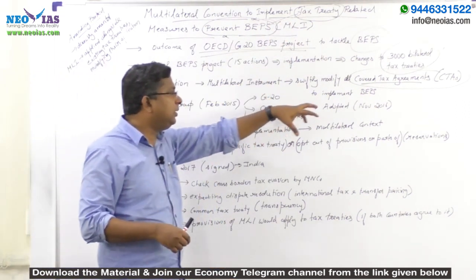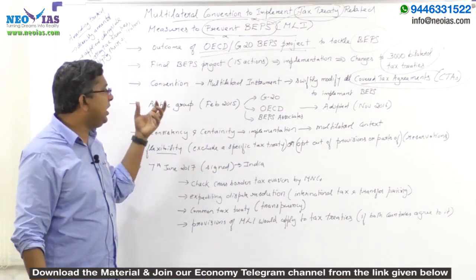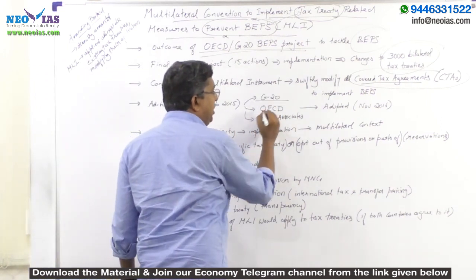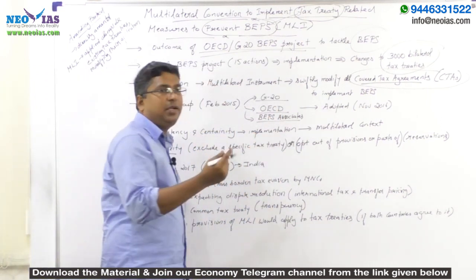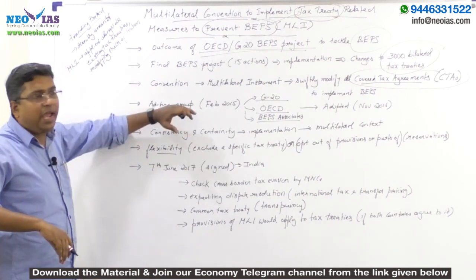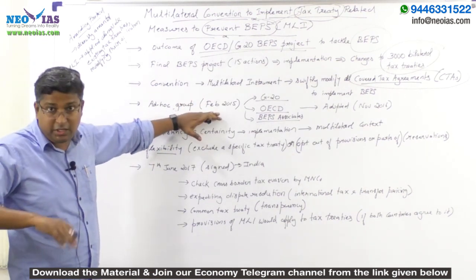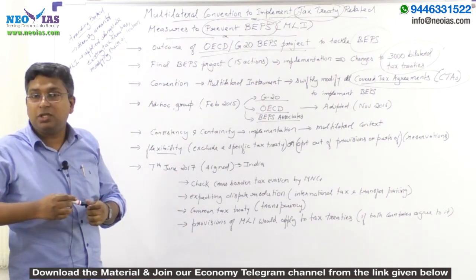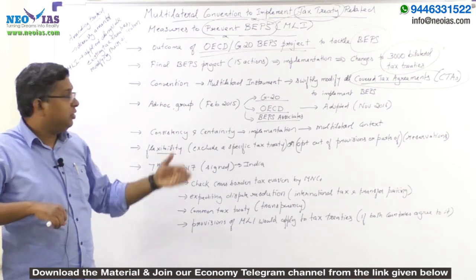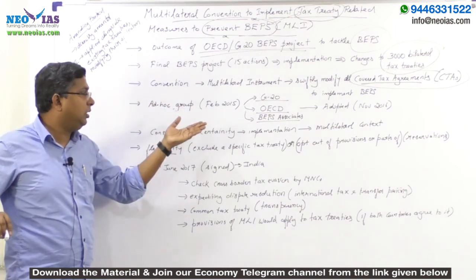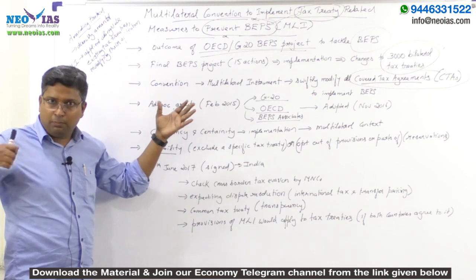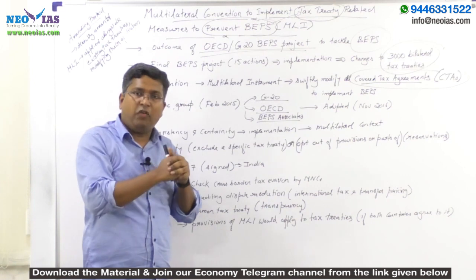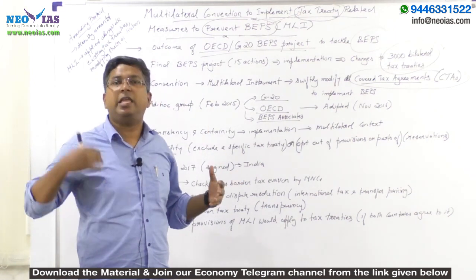In order to implement this multilateral instrument, it was decided by G20, OECD and the associated countries of BEPS to form an ad hoc group in February 2015. Try to understand that India has been a member from the beginning of this initiative as a member of G20. So when an ad hoc group was set up with more than 100 countries, India was also a member of it, and after wider consultation, every member country had an equal footing.